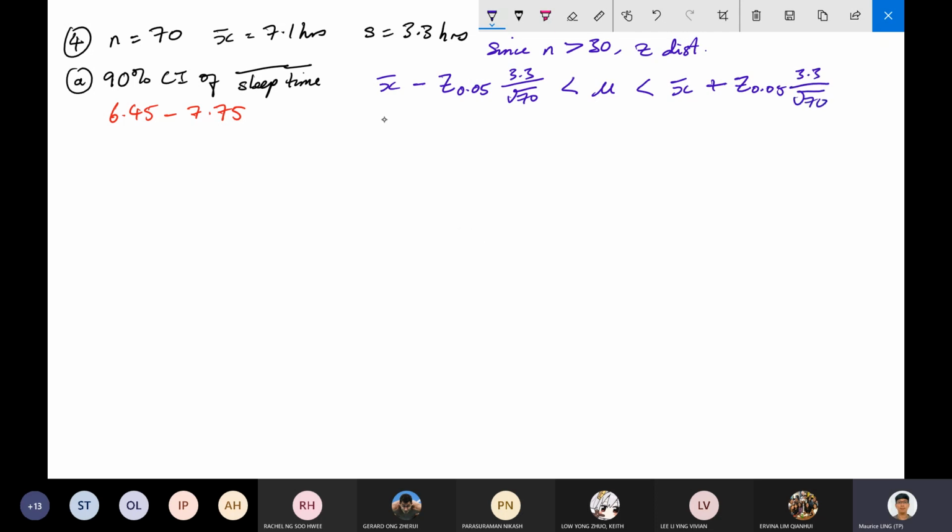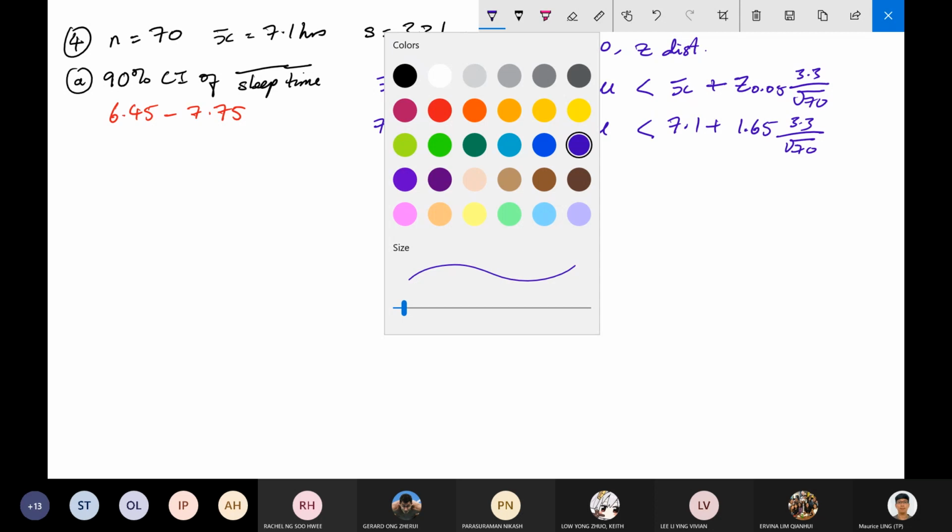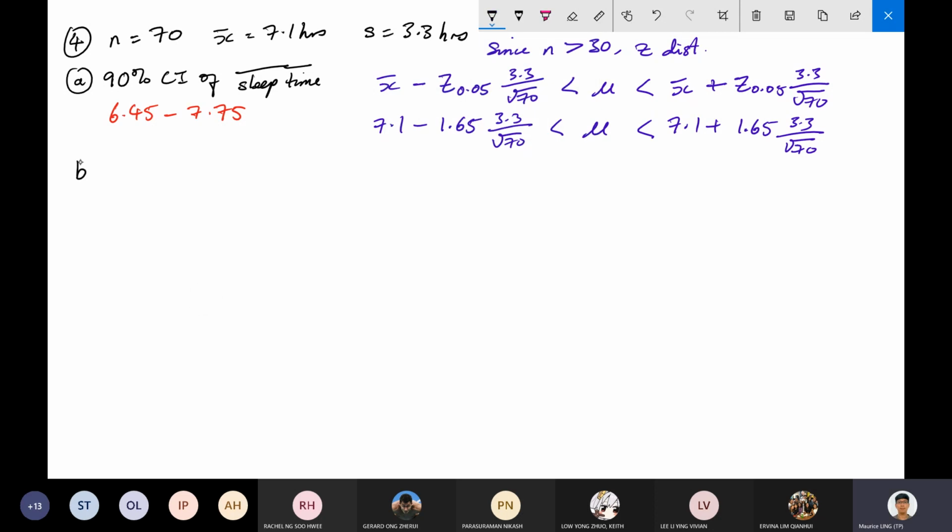So here you end up with 7.1 minus 1.65 times 3.3 over the square root of 70, and 7.1 plus 1.65 times 3.3 divided by the square root of 70, and that will give you the answer. With that, B and C should not be a problem.